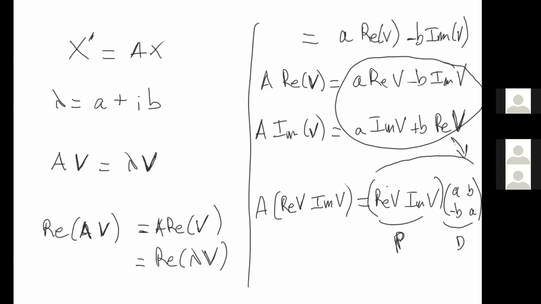But now my matrix D is no more diagonal, but it is of a particular type and corresponds to the previous exercise.